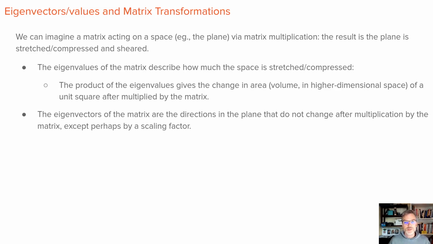So they reveal this change in that fundamental area element in our linear space. Okay, and we'll return to this again, of course, in different contexts, and see that this really is a universal phenomenon in linear algebra.